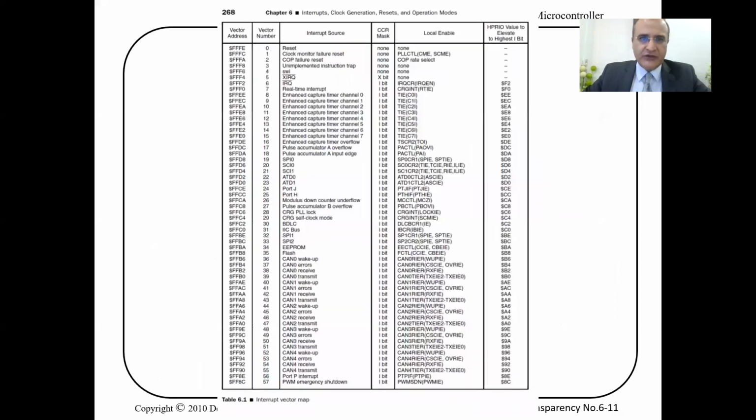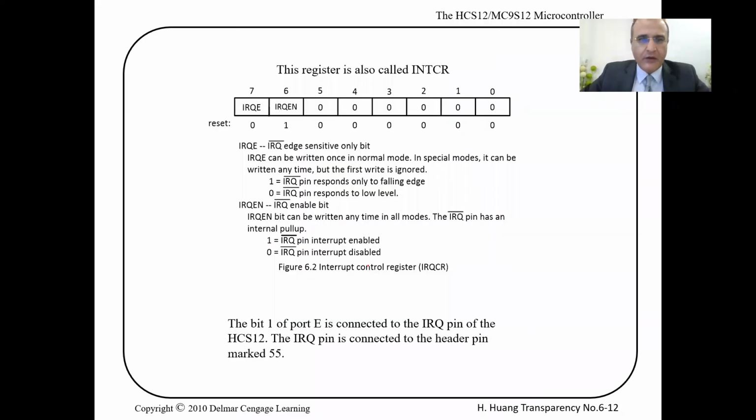We learned how to read this interrupt table that shows all interrupts, their priorities, and their vector addresses that we need when we program the interrupts in assembly, or the vector number when we program the interrupt service routine in C. And we showed the reset, the non-maskable interrupts, and the maskable interrupts.